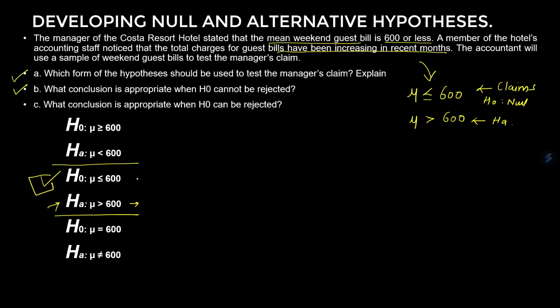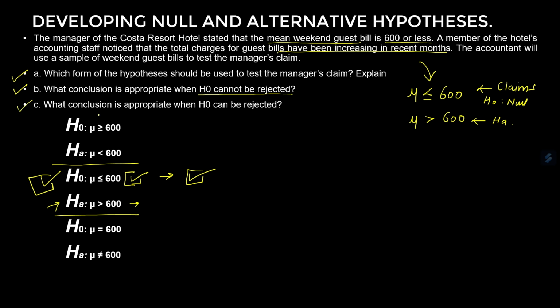Question B is asking exactly that. The conclusion appropriate in this scenario, where we are accepting the null hypothesis, is that the manager's statement that the mean weekend guest bill is 600 or less is correct. So this will be the conclusion when H0 cannot be rejected.